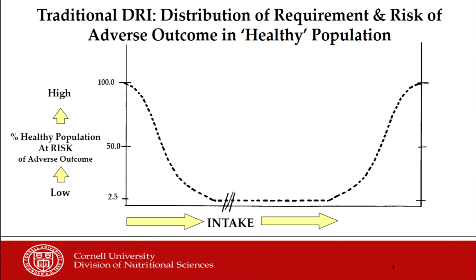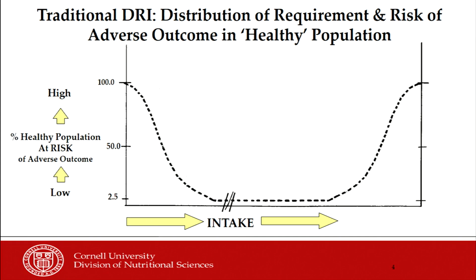And you'll notice healthy is in quotes, and Dr. Schneemann's already alluded to the fact that there are questions and controversies about what constitutes healthy when your general population contains a fairly substantive prevalence of chronic disease.